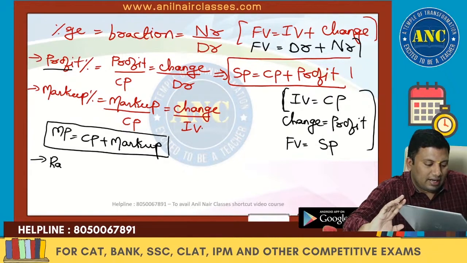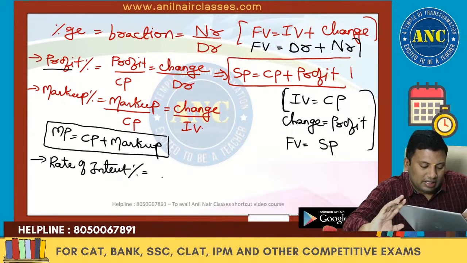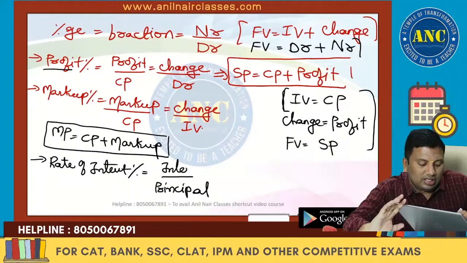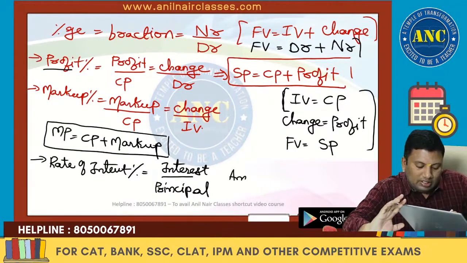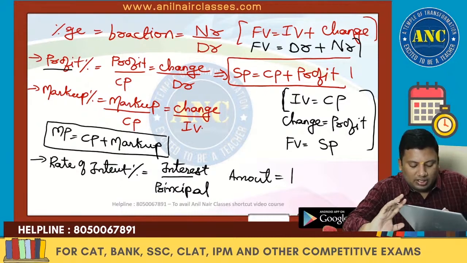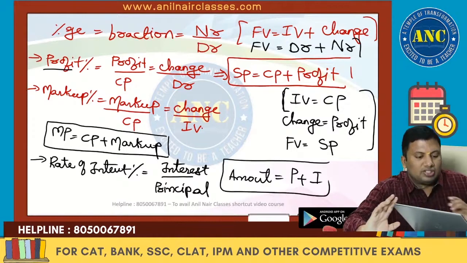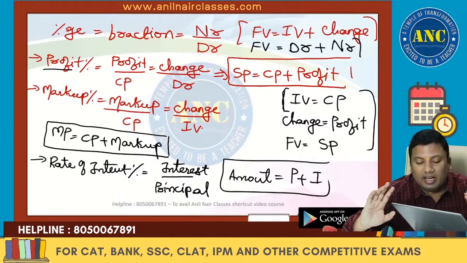Next, rate of interest percentage. The denominator is nothing but the principal, and the change is nothing but the interest. So amount is nothing but principal plus interest. Please make a note. Whether it is profit percentage, markup percentage, or rate of interest percentage, the idea remains the same.